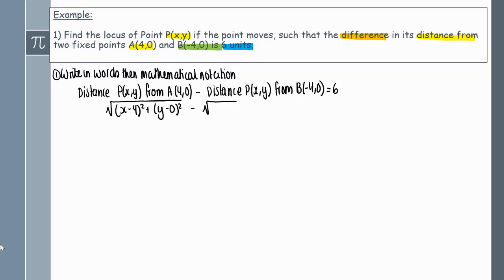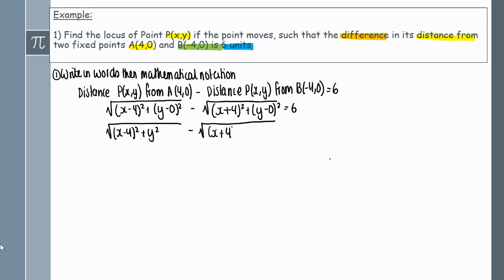So now I know the distance formula from (x, y) to A, and I also know the distance formula of (x, y) to B. Simplify a little bit, we'll have the square root of (x minus 4) squared plus y squared, minus, under our square root, we have (x plus 4) for the B, plus y squared. We can just get rid of the zeros there, and that all equals 6.